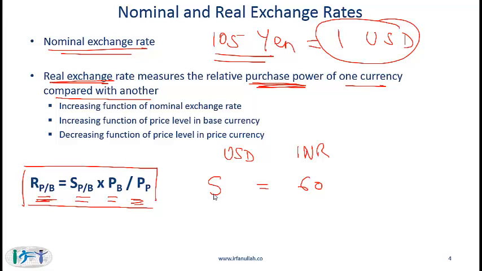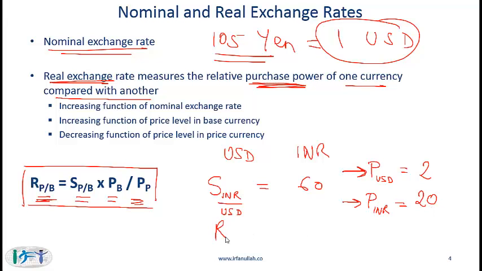And the convention that we will use is INR divided by USD. So notice that here the Indian rupee is the price currency and the US dollar is the base currency. Let us also say that the price level in the United States is 2 and the price level in India is 20.